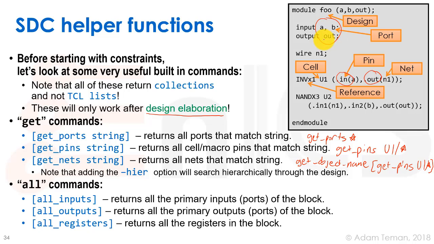That's instead of doing get ports star minus filter direction equals in, and I'm not going to go into that syntax here, but it can get pretty complex. So it's much easier just to write all inputs or all outputs. All registers will actually go through the whole design and return all the flip-flops and latches that it finds.